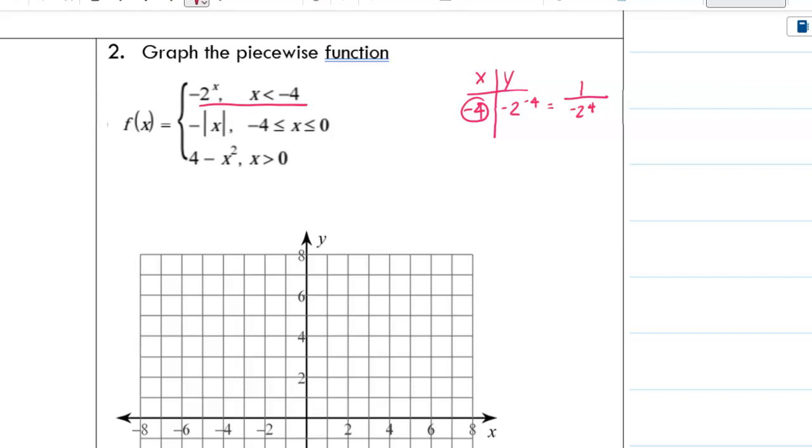What we assume is that we have to do the exponent first before we actually tag that negative on. There's a difference between this, which does not equal this.